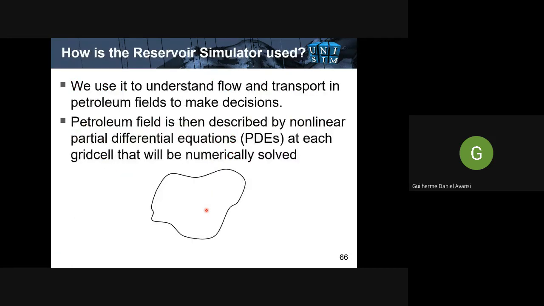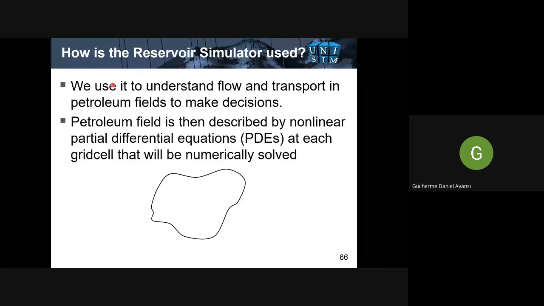So now I want to explain how the reservoir simulator is used. We use it to understand the flow and transport in petroleum fields to make decisions. The petroleum field is then described by nonlinear partial differential equations at each grid cell that we numerically solve. This is the real reservoir that we have, with the limits of this reservoir.